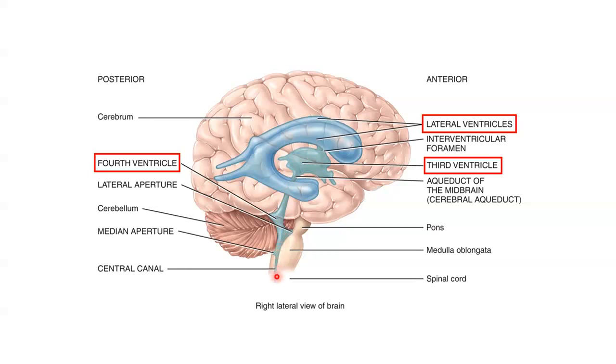So the central canal is just basically a hole that runs the entire length of the spinal cord. From the central canal, the fluid then exits the spinal cord and moves into that subarachnoid space between the arachnoid mater and the pia mater. It runs all the way around the outskirts of the spinal cord and then all the way around the outskirts of the brain.